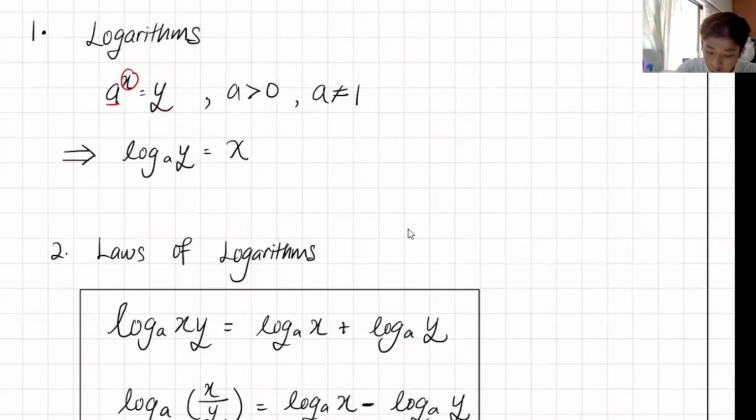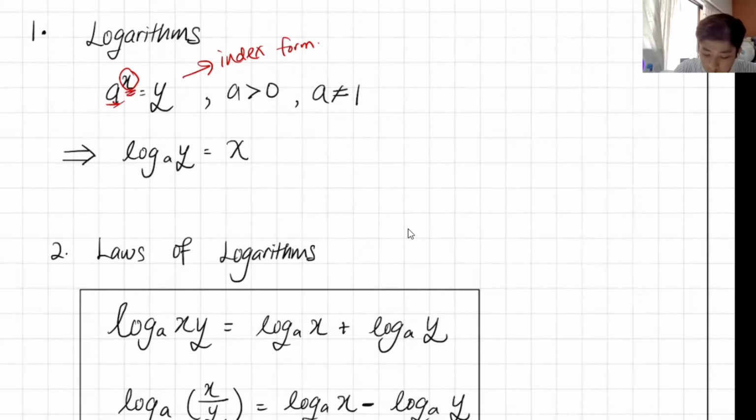This is known as the index form. Why do you call it an index form? Because you see an index. It's very simple. You have a base and an index, that's why it's called index form.